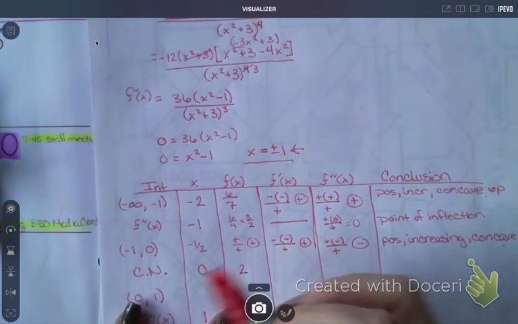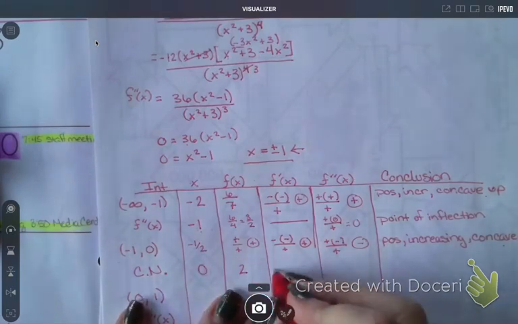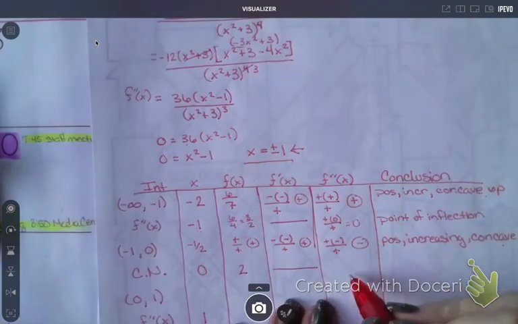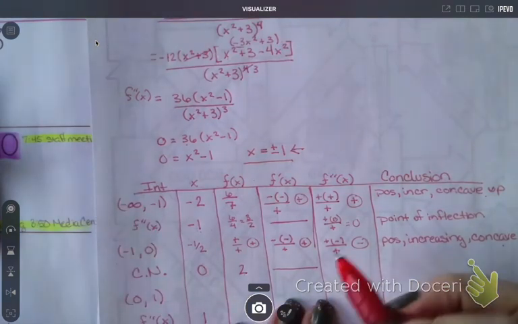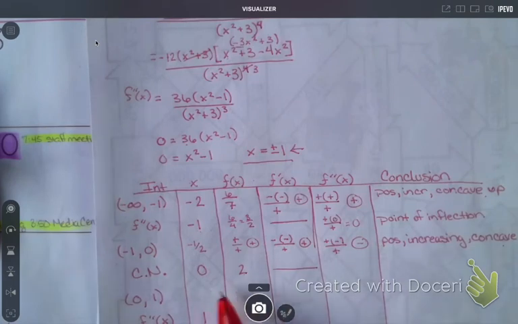Oh, wait. Yes, because it's a critical number. Oh, no, it's a number. It's an actual number. Sorry. So I need to plug it into my second derivative for my second derivative test. Why do you skip that one? Because it's not an interval. It's just a value. Like 0 is a critical number. It's not an interval. So it only does me good on f of x and then the second derivative test.